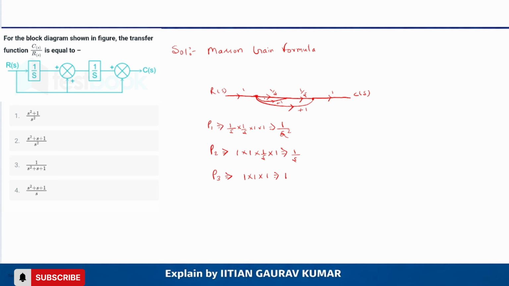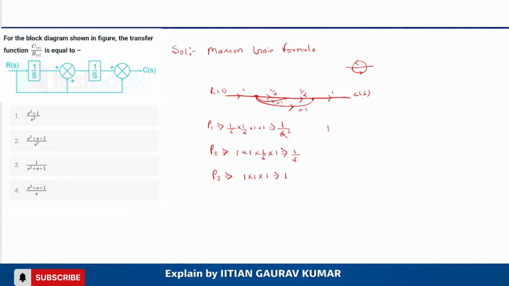Now how many individual loops are there? Any closed loops? This is not a closed loop, and this is also not a closed loop, because this reverts back. If I go through and make a closed path, then it is called an individual loop.